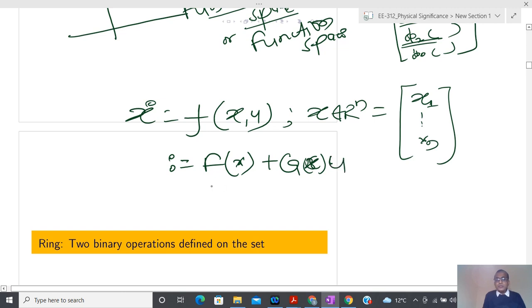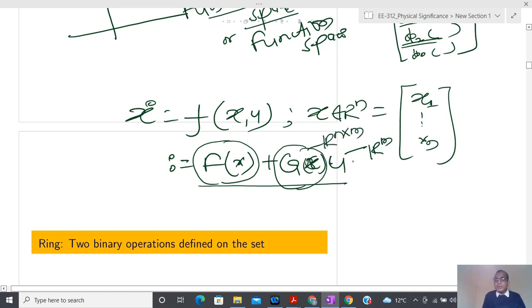If you see this kind of system and analyze it, I am assuming that u belongs to R^m. So this quantity g is in R^(n×m). You can see that an n cross m matrix comes into the picture, and each entry is a function.